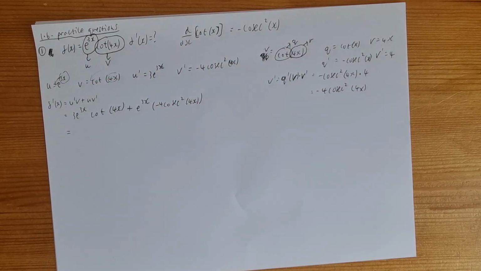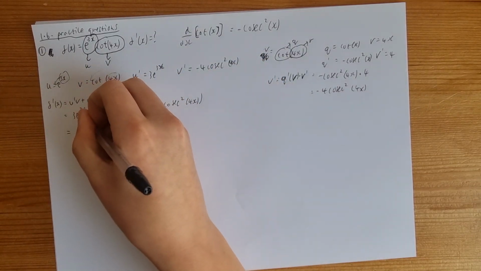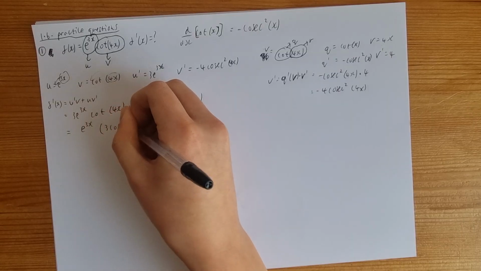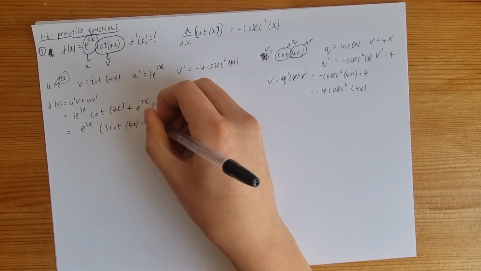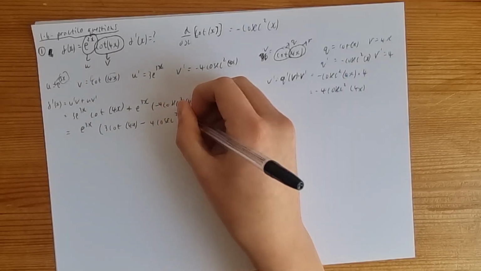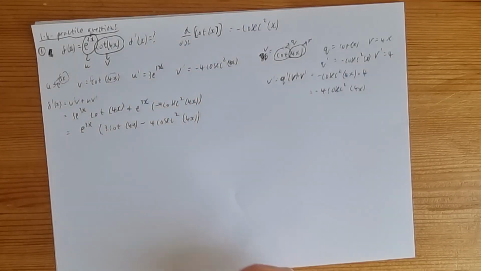Which is equal to e to the 3x, 3 cotangent 4x, and then the plus and the minus gives minus 4 cosecant squared of 4x. So that's our final answer here.